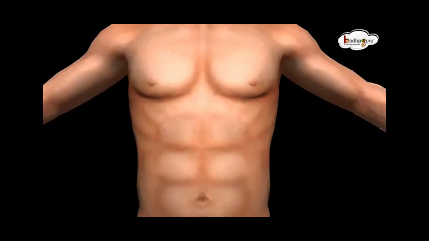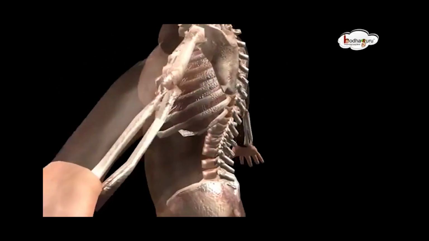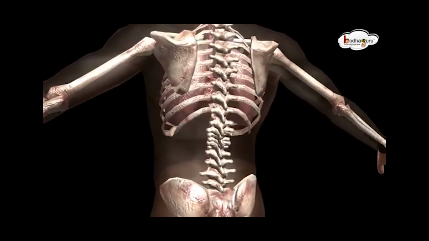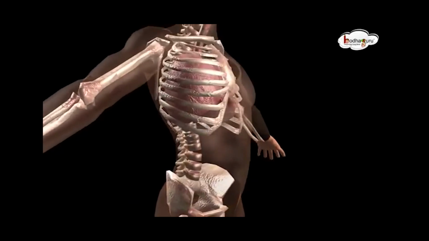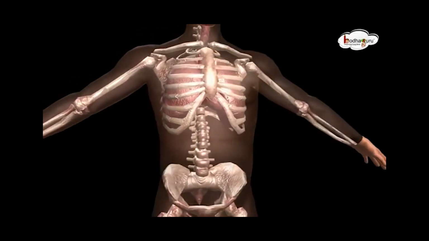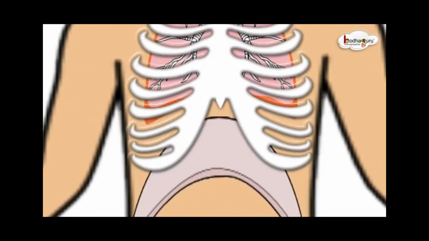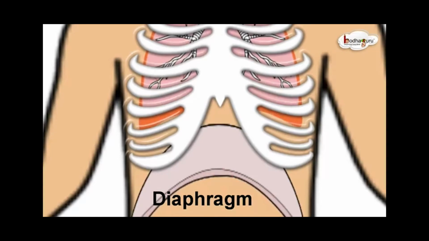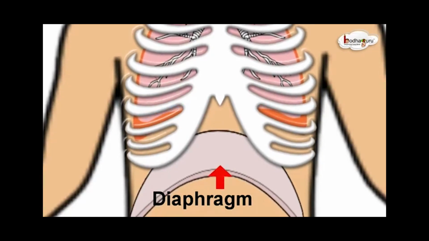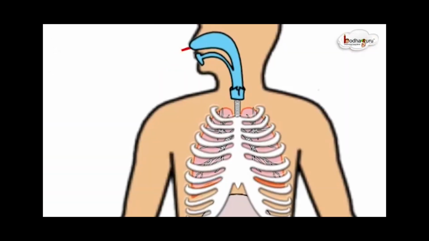Lungs are present in the chest cavity. This cavity is surrounded by ribs on the sides. A large muscular sheet called diaphragm forms the floor of the chest cavity. The breathing involves the movement of the diaphragm and the rib cage.